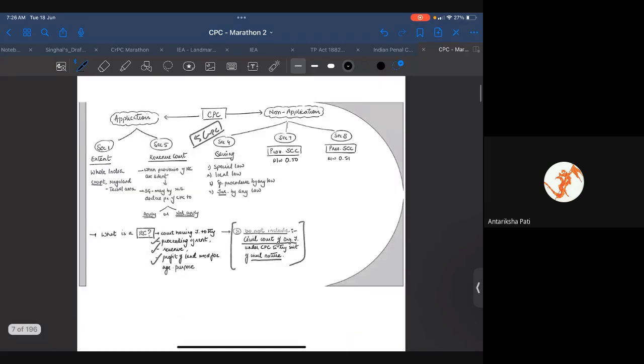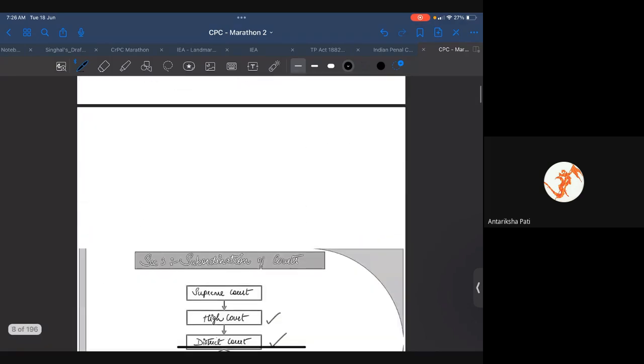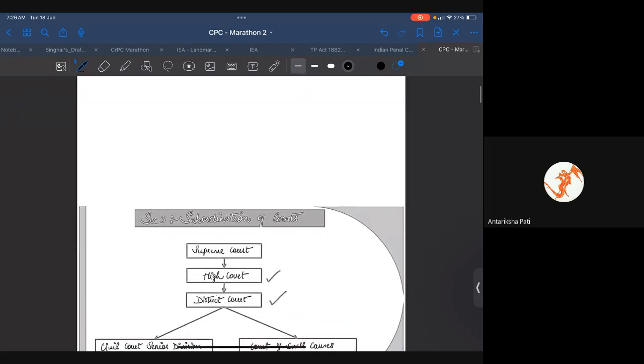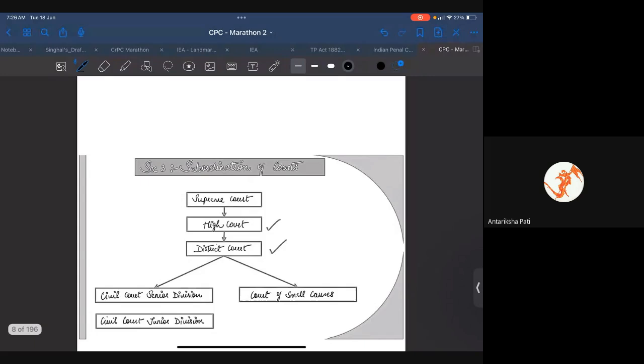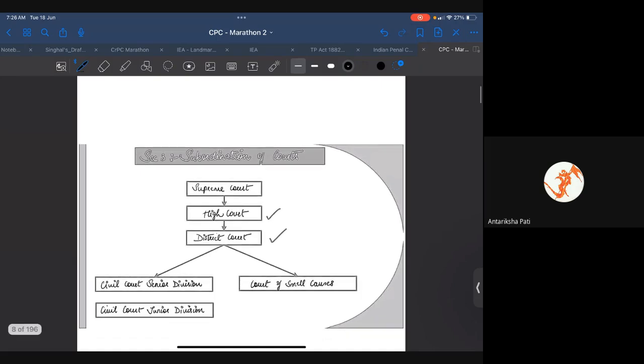Next, coming to Section 3, that is subordination of courts. First there will be the Supreme Court, then the High Court, then the District Court. Under that there is the civil court of senior division, the civil judge senior division, and then the civil judge junior division. The junior court is popularly called the sub judge court, or munsif court.